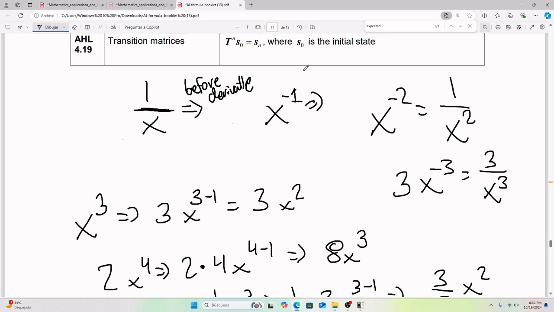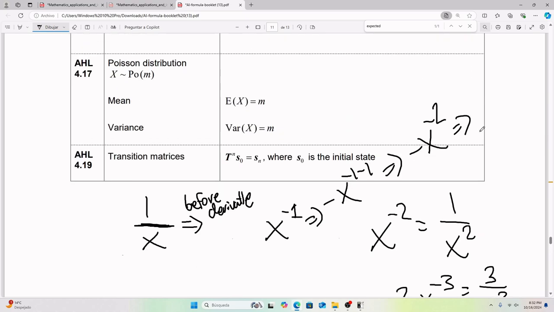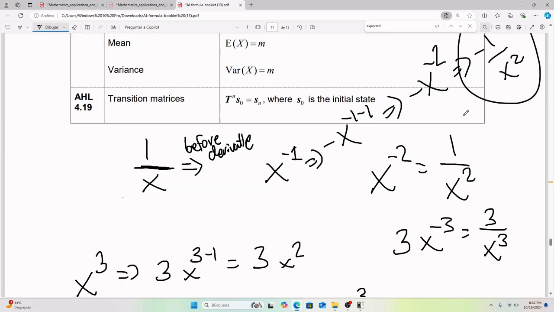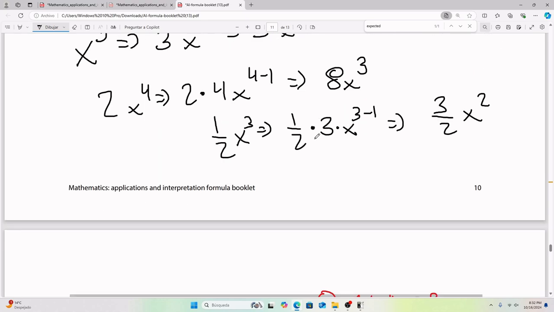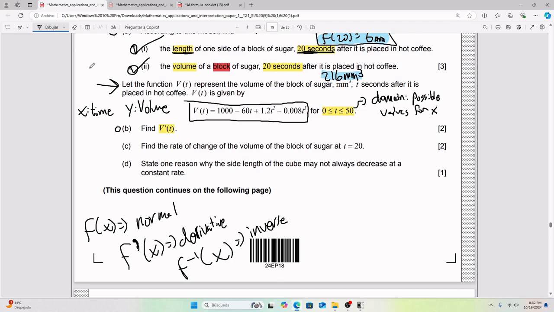And so if from here you do the derivative, you end up with -x to the power of -1 minus 1, which effectively gives you -x to the power of -2. And if you want to write it more nicely, you end up with -1 divided by x squared, okay? So I pretty much showed you everything you need to know for the derivative of an exponent. So from here, it should be fairly easy to do.